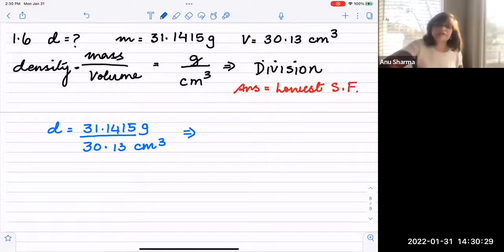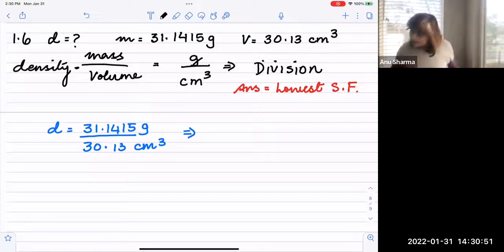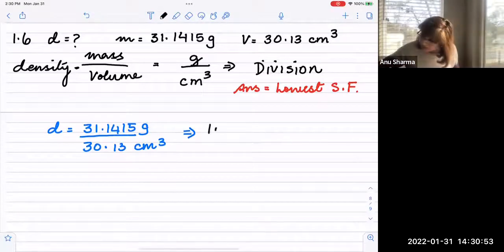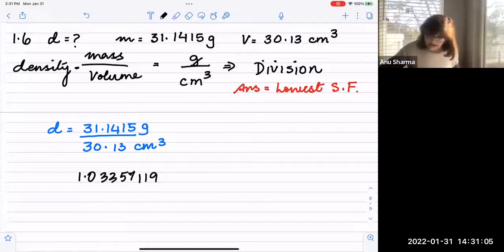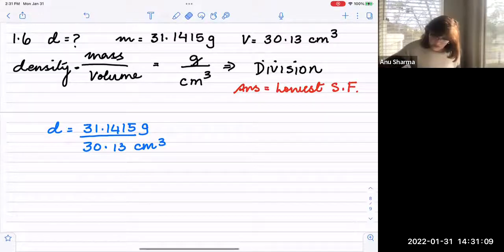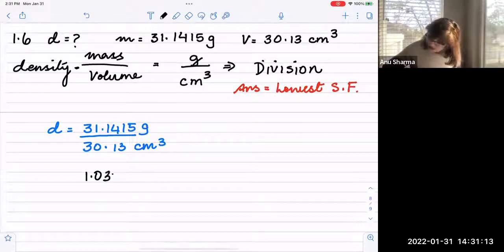Let's do the math. From the calculator we have 1.033571119.